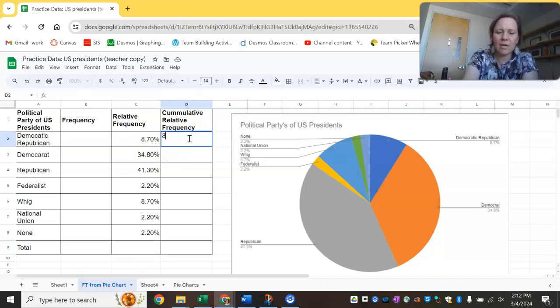So the first square, we just have 8.7%. But then the next one down, that should be the 8.7% plus the 34.8. And so that comes out to 43.5%. And then I would keep going.